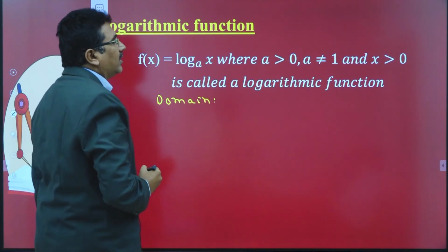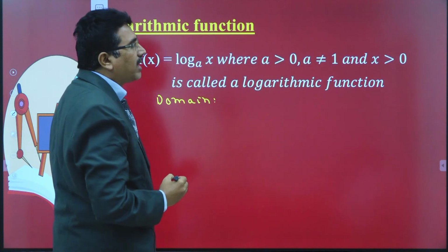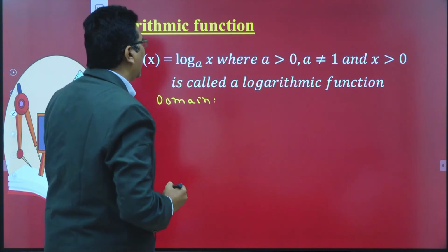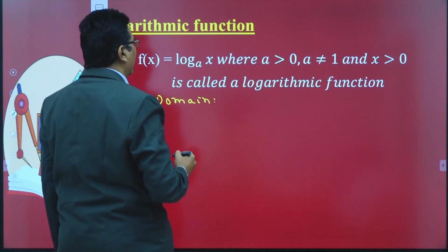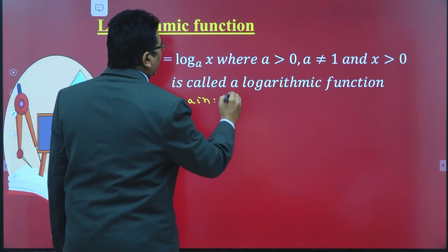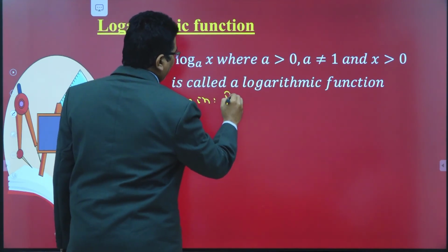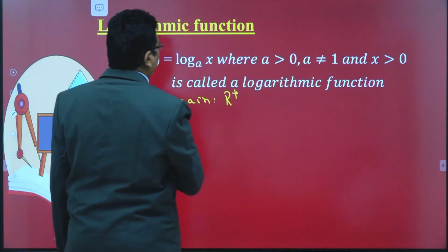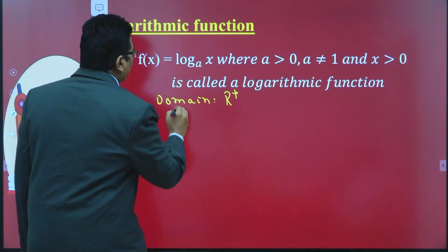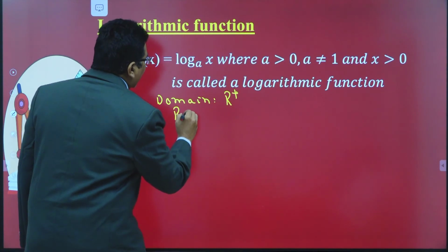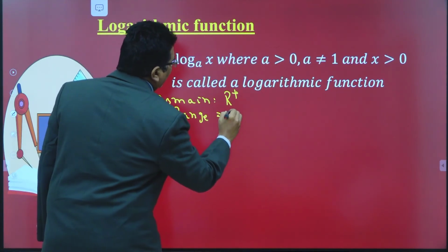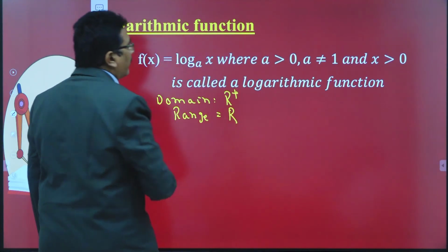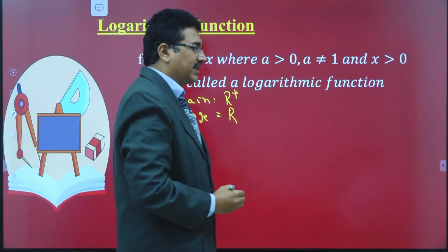Logarithm is defined only for positive real numbers, so the domain of a logarithmic function is R plus. And what is the range? The range of the logarithmic function is R, the set of all real numbers.